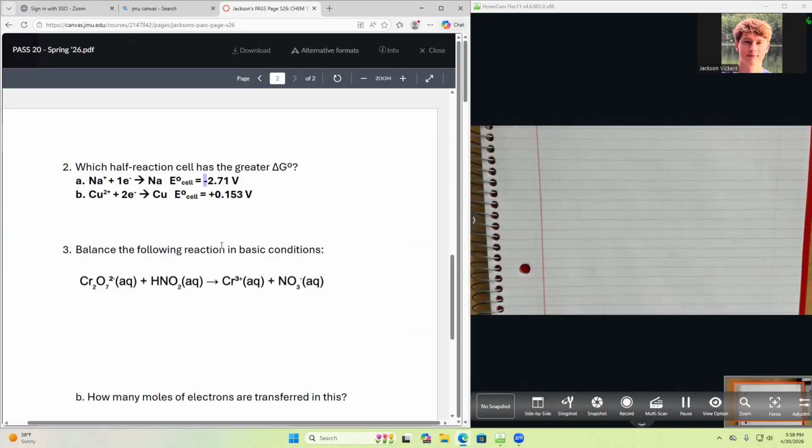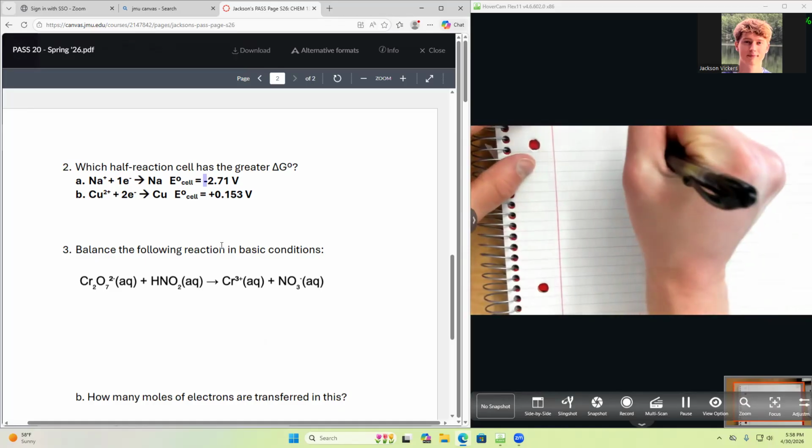I think you guys will never see a standard cell potential that's negative, because galvanic cells will never have that be negative. So here's the new problem.